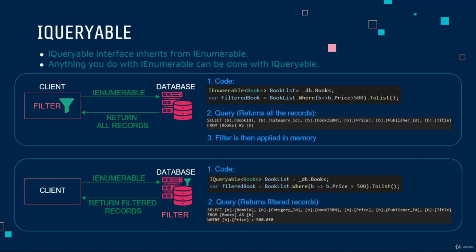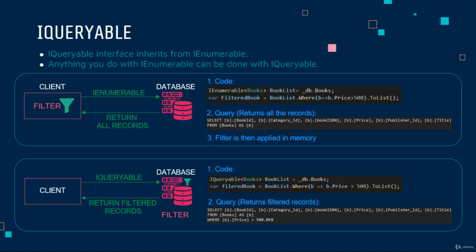The difference is that IEnumerable filters the data on the client side, whereas if you use IQueryable, it filters that data on the database side with the query. You can see in the diagram that with IEnumerable, the query is pushed to the database and it returns all the records. After it returns all the records, the filtering is done on line 2.